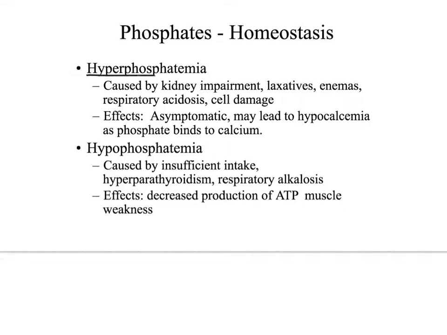Okay, now phosphates when we have an imbalance. Okay, so hyperphosphatemia can be caused by kidney failure, laxatives, enemas, respiratory acidosis, cell damage. Typically it's asymptomatic, but it could lead to hypocalcemia because phosphate will bind to calcium.